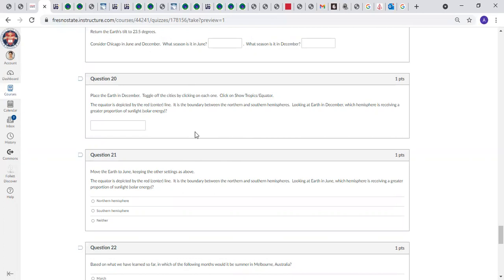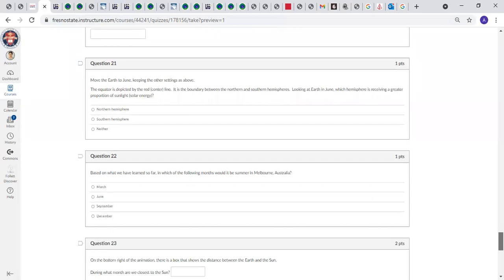What this question is asking is which hemisphere has more daylight, more sunlight, if you will, compared to darkness. You'll see the whole Earth, and part of it will be lit up, part of it will be shaded. And pretty much this question is asking which hemisphere has more of the lit up area compared to the dark area. And you'll be able to see it on the interactive.